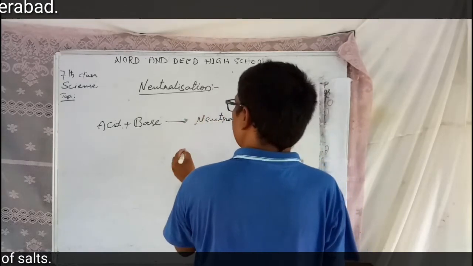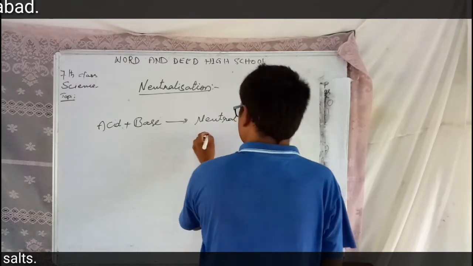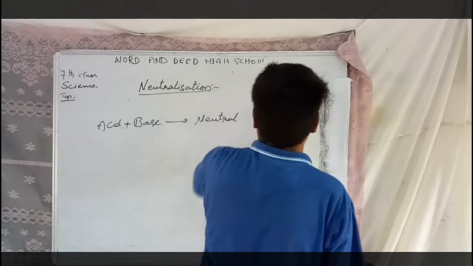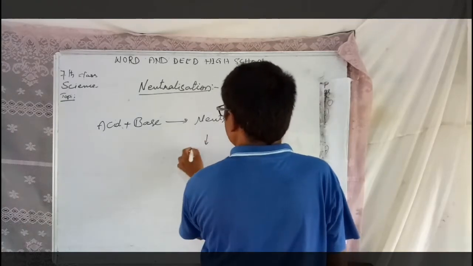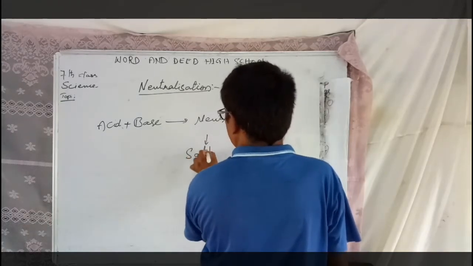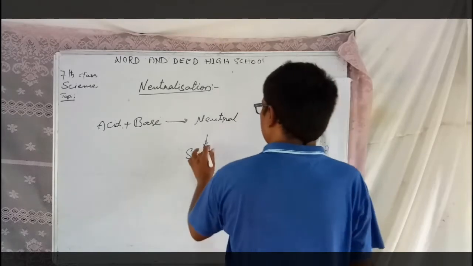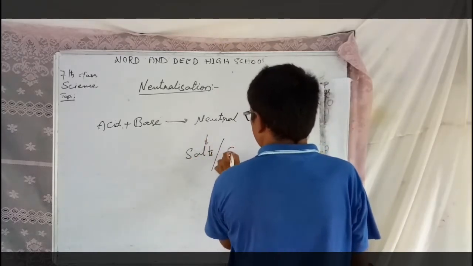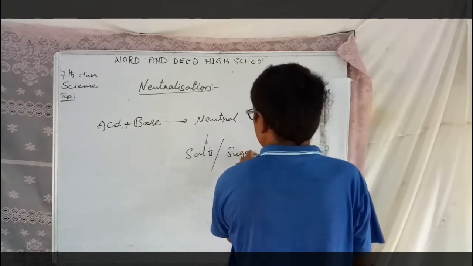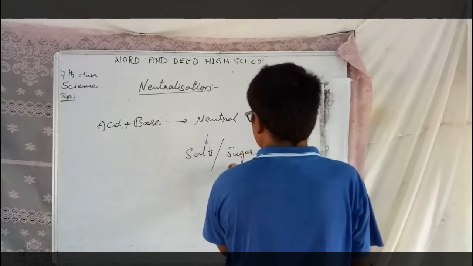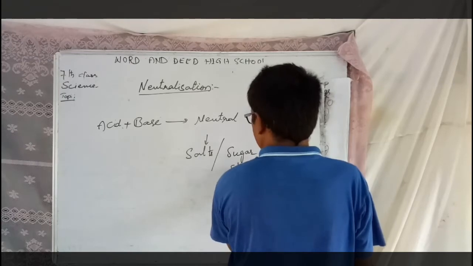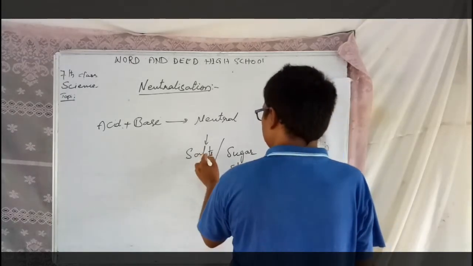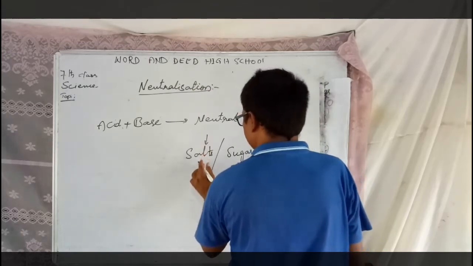Basically, the neutral substances are salts, but all neutral substances are not salts, like sugar, starch, etc.